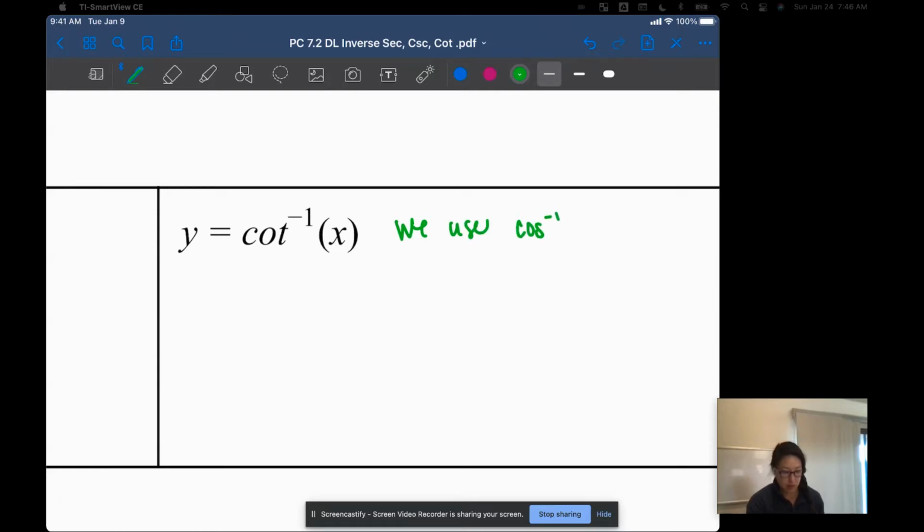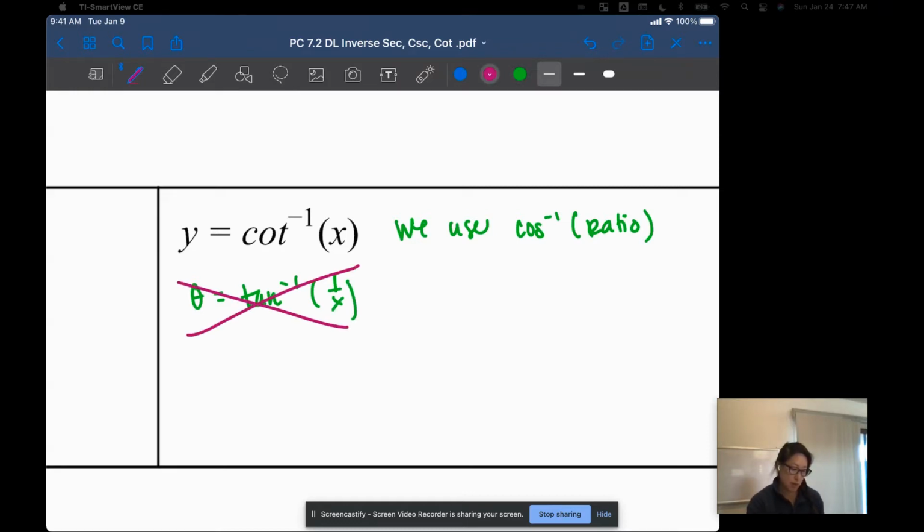So cotangent, we use cosine inverse of the ratio. I'm just going to put ratio because the side lengths change, since we have to draw out the triangle. What we're going to do is, theta does not equal tangent inverse of 1 over x. Remember that?